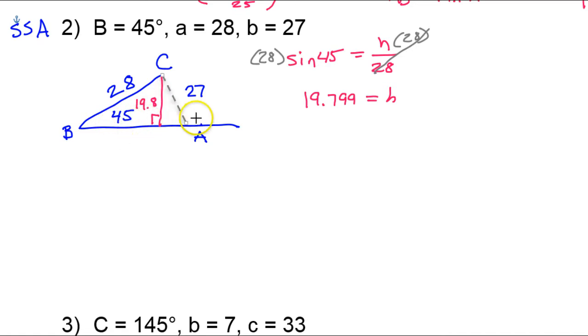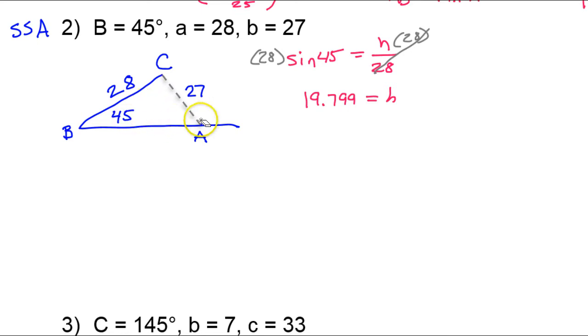So we're actually going to have two triangles. We will have an acute triangle that looks like this, and then an obtuse triangle that looks like this. I'm going to leave this one set up as the acute triangle for now, but I'm going to have to draw another triangle in a moment that is obtuse.